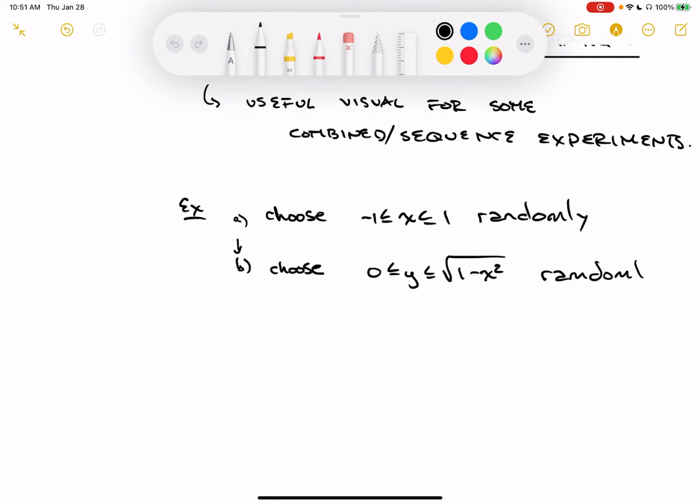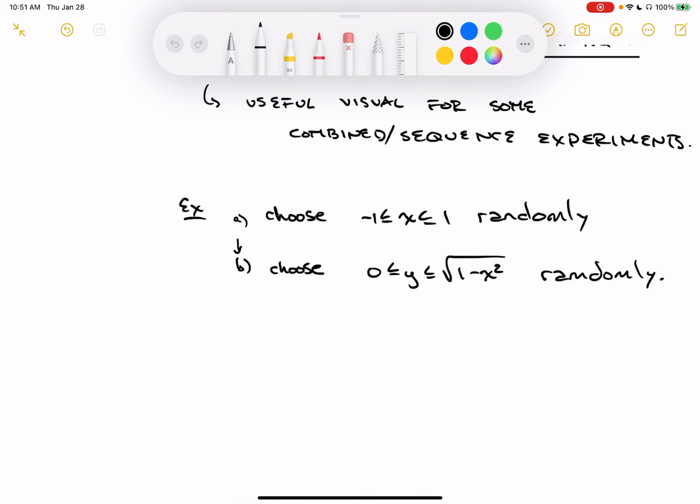We still haven't really fully gotten to how we might think about that random choice, but I think it's okay for right now. We just know that we're going to cover from -1 to 1 on x, and that y is going to go from 0 to the square root of 1 minus x squared.